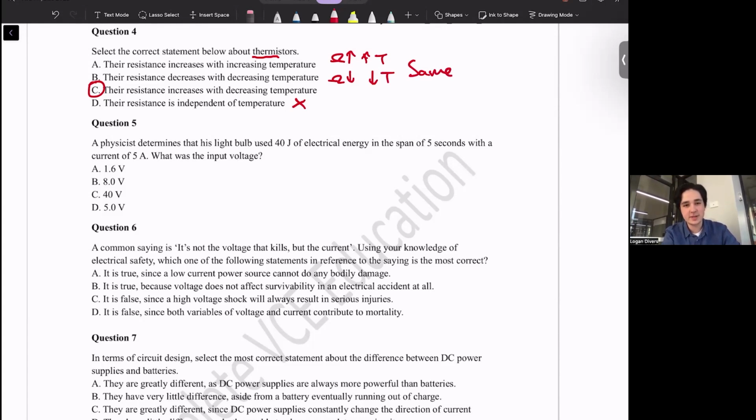It's the same relationship. So the answer actually can't be A or B. So while it's definitely recommended that you actually understand how thermistors work, there are sometimes ways you can get around having to think a bit too hard. Save yourself some time, actually.